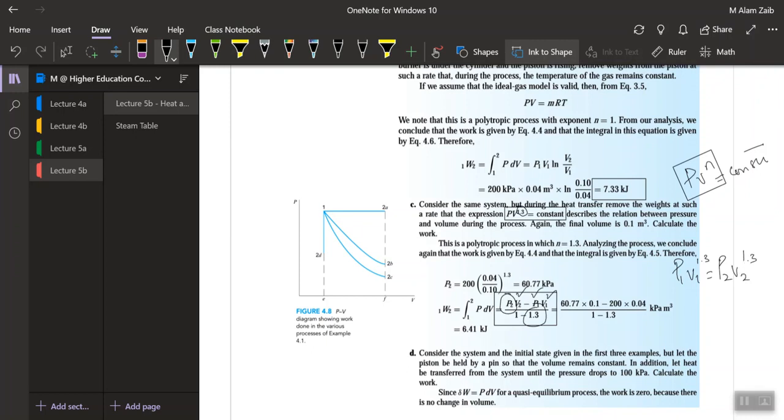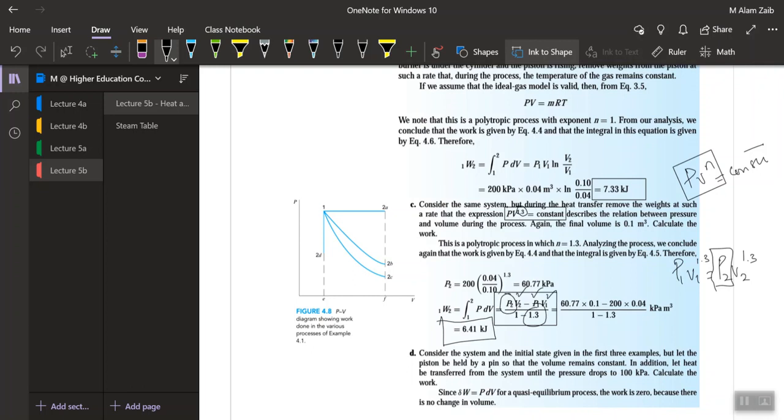Just rearrange for P2 and you will find P2 would be equal to P1 times V1 divided by V2, raised to power n. Make sure the power n is just on the volume rather than on the whole PV. If you solve it, the work done would be equal to 6.41 kilojoule.